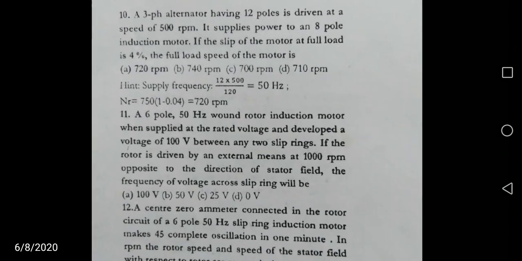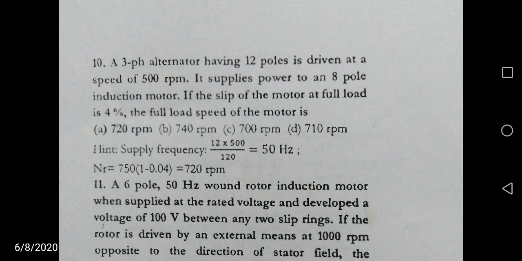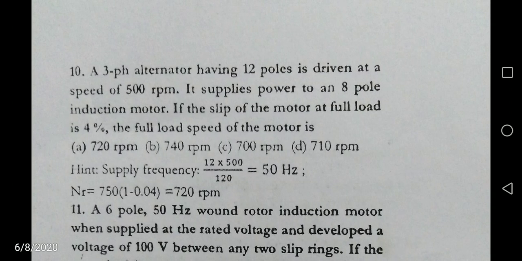Next one: a three phase alternator having 12 poles is driven at a speed of 500 rpm. It supplies power to an 8-pole induction motor. If the slip of the motor at full load is 4%, the full load speed of the motor is 720 rpm.